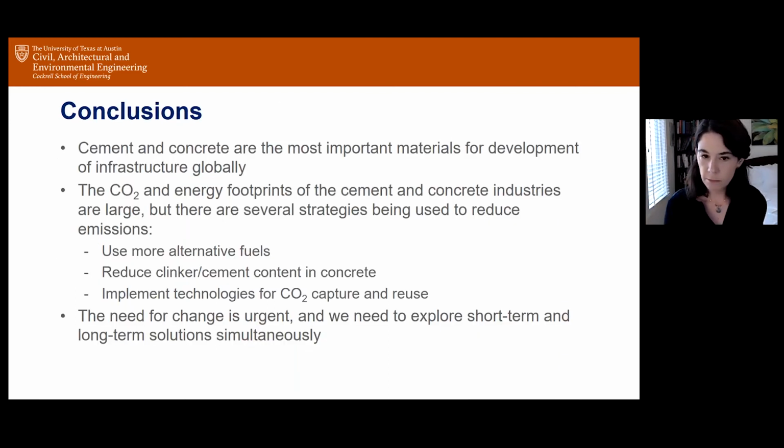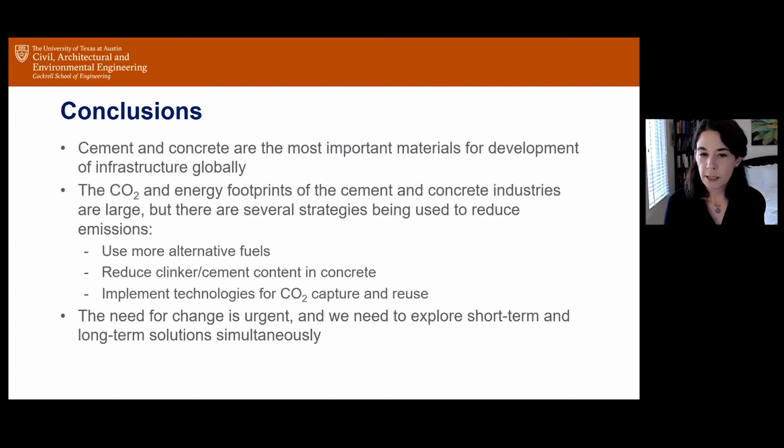Okay, so in conclusion, I think that the cement and concrete industry are the most important materials for development of infrastructure globally. There's no argument there, but also in terms of the US, in terms of infrastructure expansion and renewal.